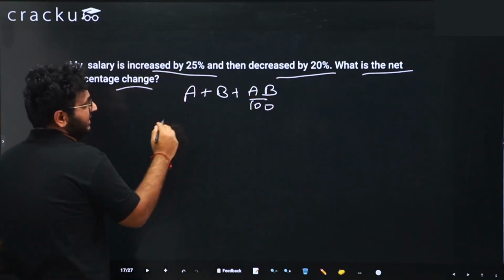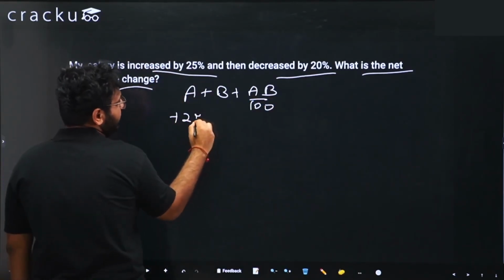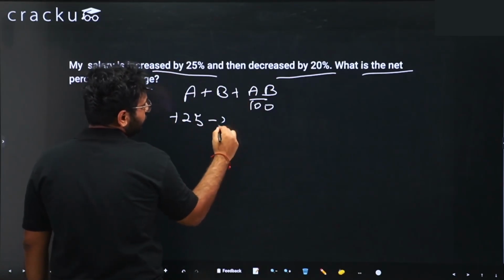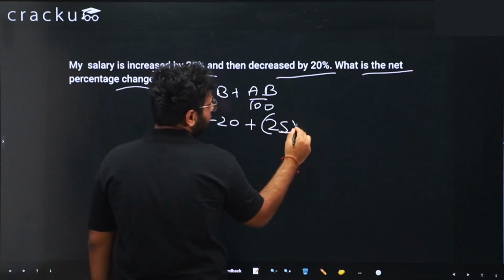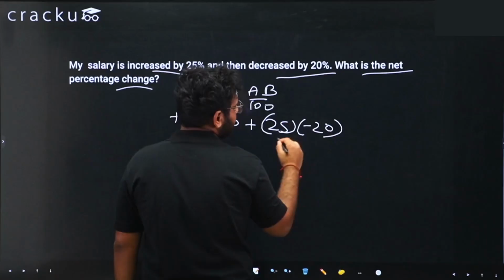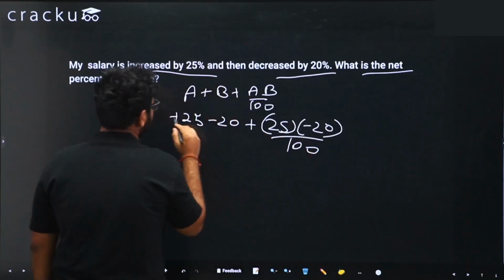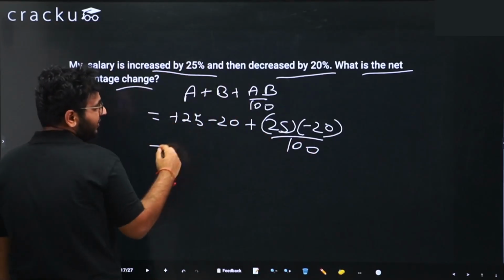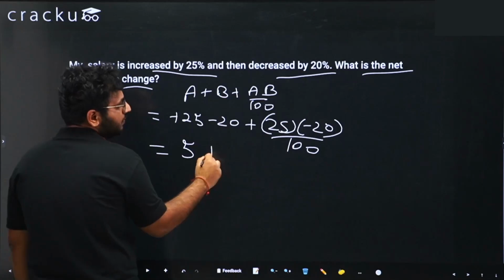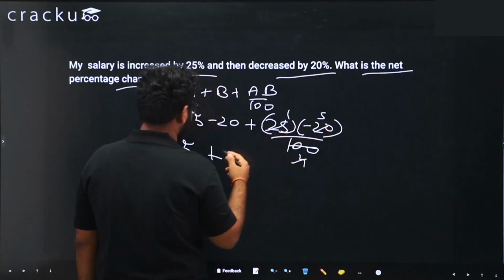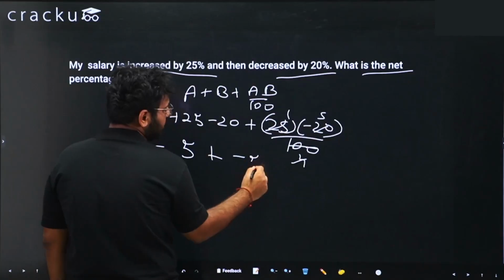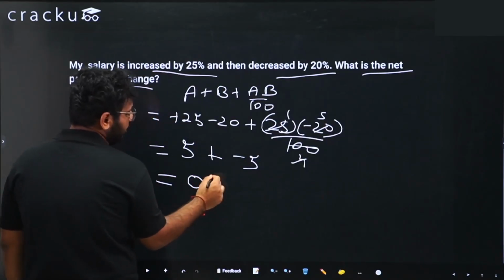Increased by 25%, so plus 25. Decreased by 20, so minus 20. Plus 25 into minus 20 divided by 100. So this will be equal to what? 25 minus 20 is 5. Plus 25 4s are 100, 4 5s are 20, so minus 5. So net increase is 0%.